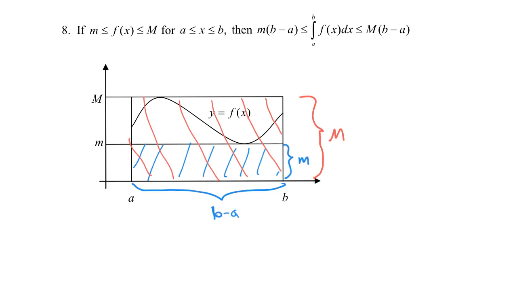So then we can definitely see, yes, it's true that if we're going to find this area here, it's definitely between here and here. Like I said, it's true. It can be used to get a really crude approximation, but it's usually better to use some other approximation technique.